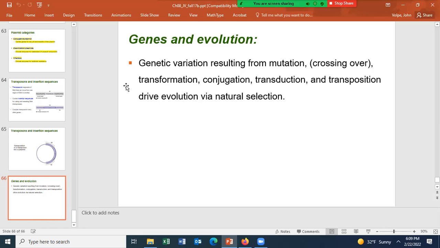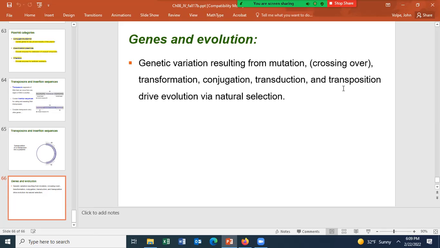And if it exists, it can move from one cell to another by transformation, conjugation, or transduction. And so a new cell can pick up a new gene as long as the gene exists in the population. If it doesn't exist, then the only way a cell can pick up the new genetic variation is through spontaneous mutation.